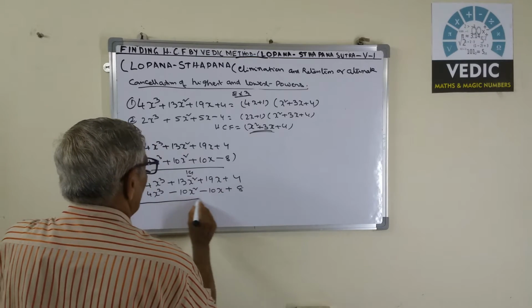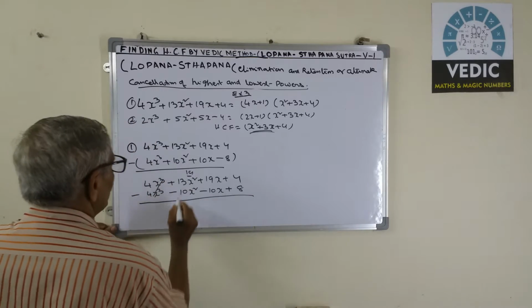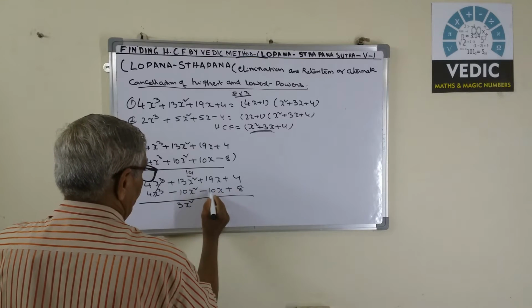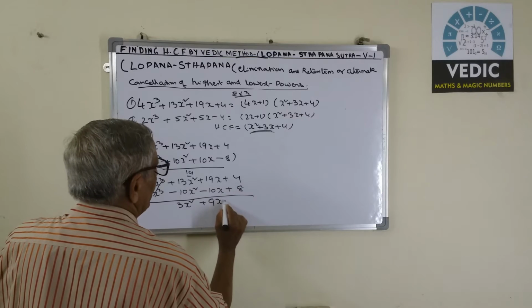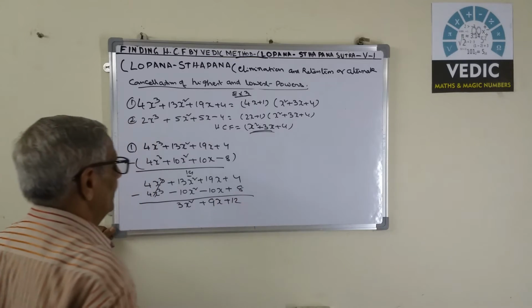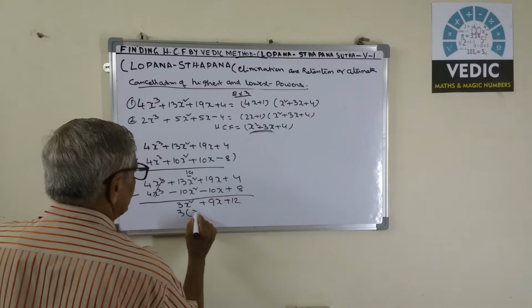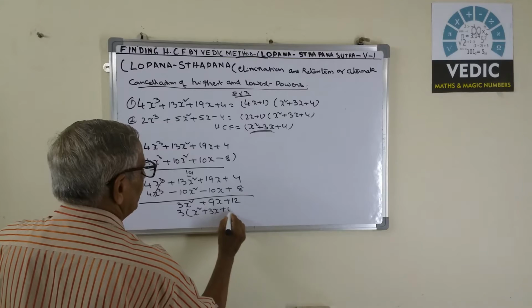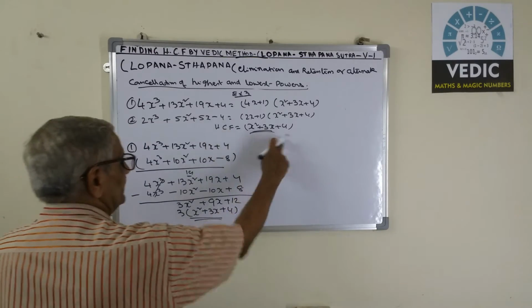Now the 4x cube got cancelled. Here we have 3x square plus 9x plus 12. Now take 3 as common, that is x square plus 3x plus 4. This is the H.C.F we have got. Here also we have got the same H.C.F.